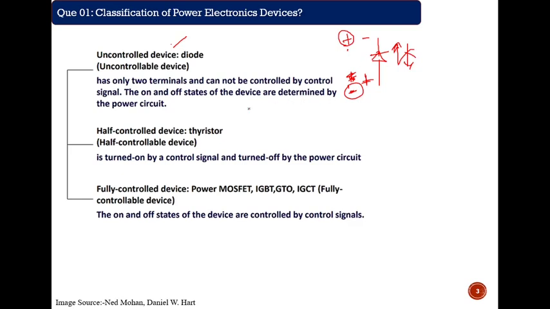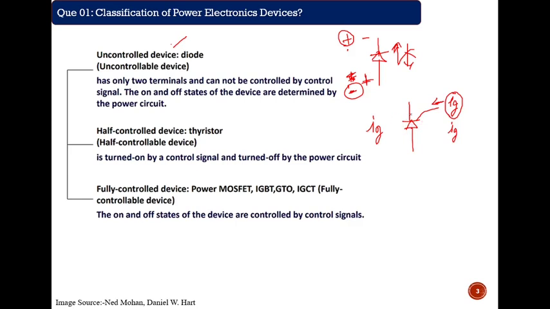Now the half controlled device, the thyristor. In this fashion, you can only turn on the device using a gate current signal. For turning it off, even if you remove the gate current, the thyristor will not turn off.